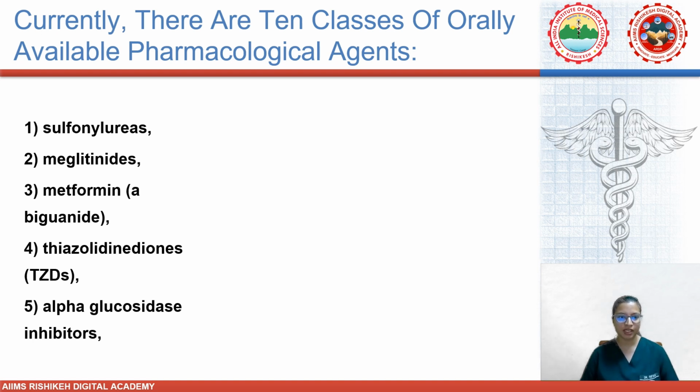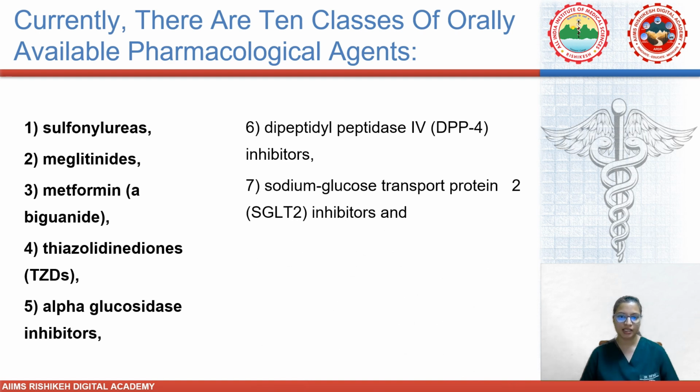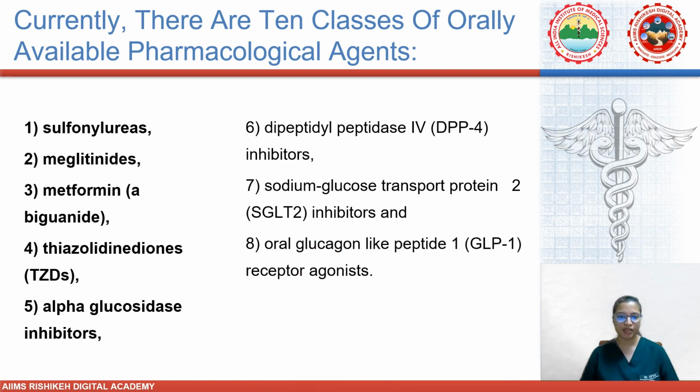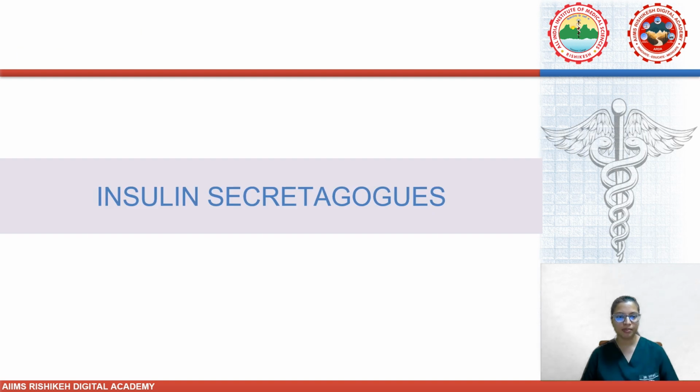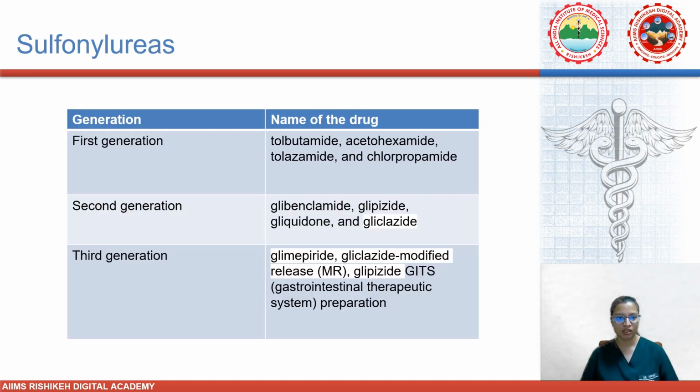Apart from these we have some newer agents like DPP-4 inhibitors, SGLT2 inhibitors, GLP-1 receptor agonists, bile acid sequestrants and dopamine agonist. Today we are going to discuss these 5 classes of drugs: sulfonylureas, meglitinides, metformin, thiazolidinediones and alpha glucosidase inhibitors. So first, coming to the insulin secretagogues.